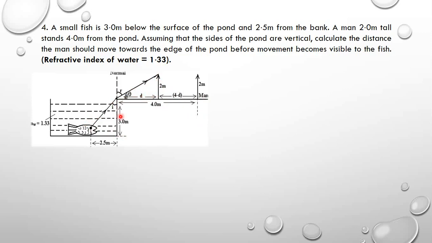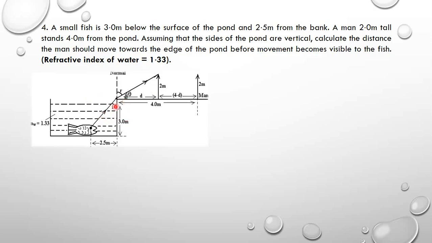So how do we get that distance d? The angle of incidence is I, the angle of refraction is r. So we need to first get this I here. How do we get the I? We know the distance from here up to here is 2.5. We are going to neglect this other distance. We are mainly going to concentrate on the I. The distance from the I up to up here, where the water level stops, is going to be 3.0.